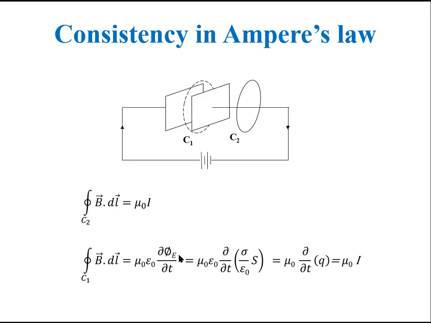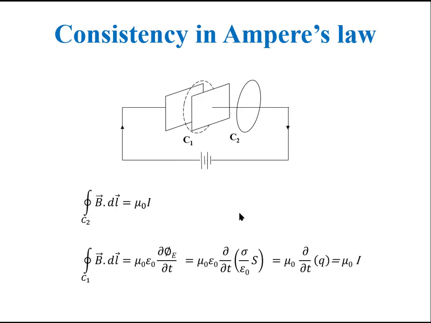The electric field inside the capacitor is sigma by epsilon naught, where sigma is the surface charge density on the plates. Sigma multiplied by S is then the total charge on the plate. So this whole expression will be mu naught times del Q over del t, or mu naught times I. This I is essentially the current drawn from the battery. So the modified Ampere's law gives the same value of magnetic field for both loops C1 and C2.